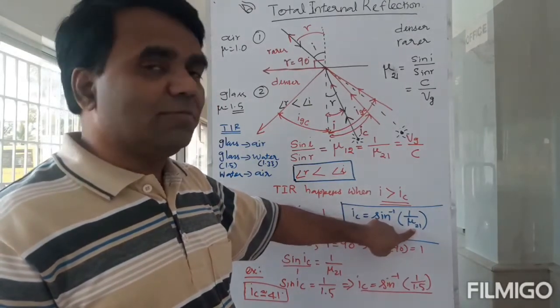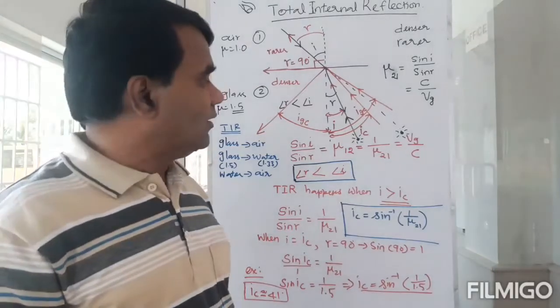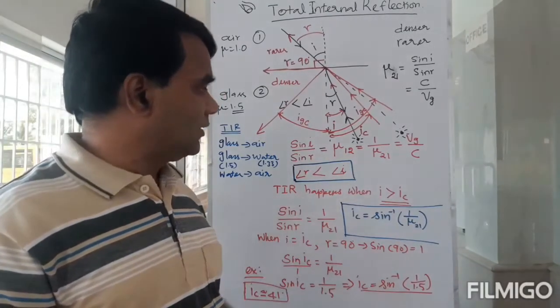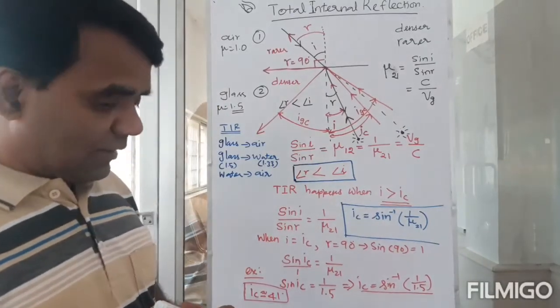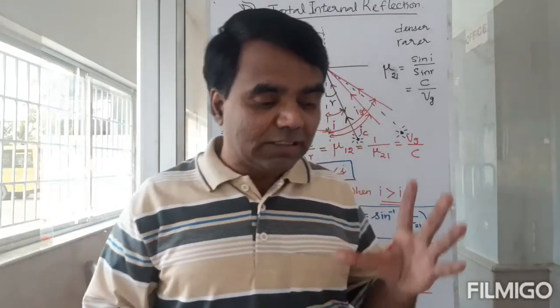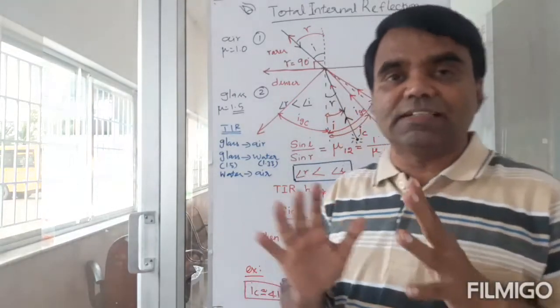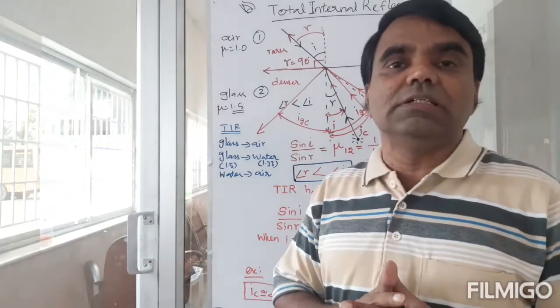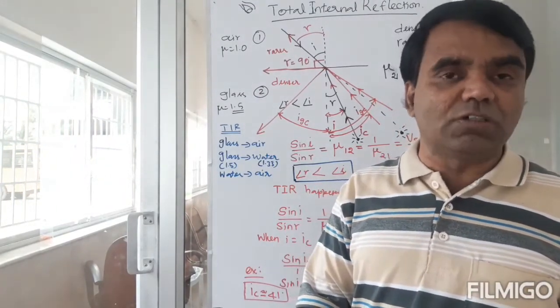So for glass it will be 1.5, for diamond it will be 2.4. Okay. And water 1.33, like this. And there is a table in your textbook that tells you what are the different refractive indices for different materials. They have given you about 4 materials. The first one is water.